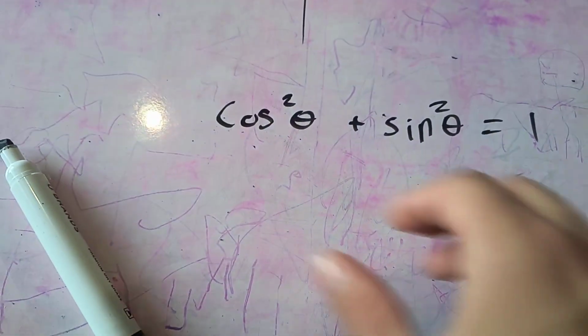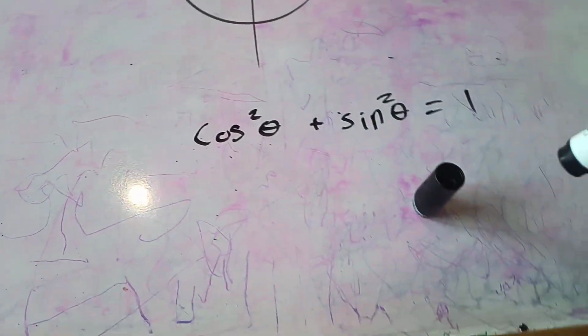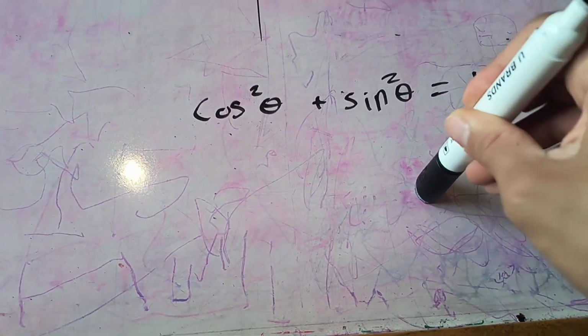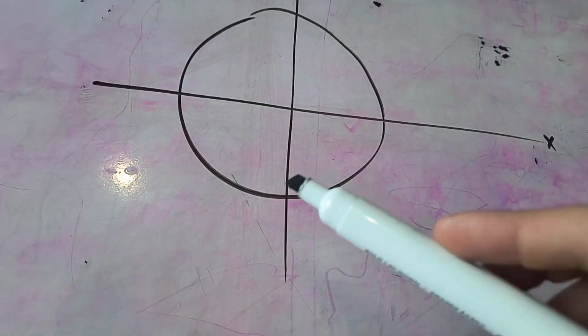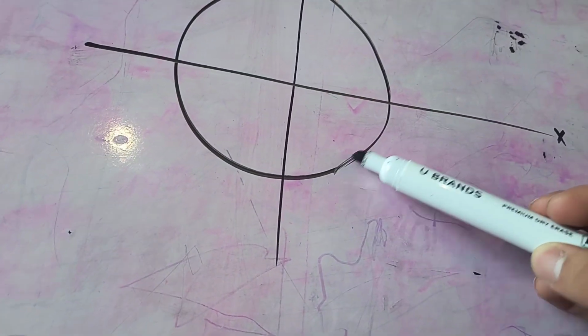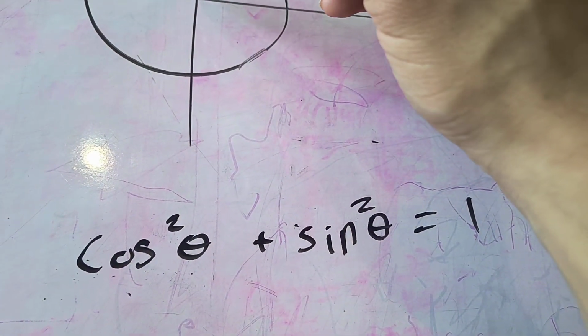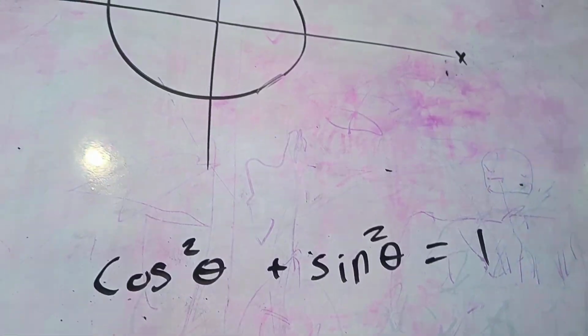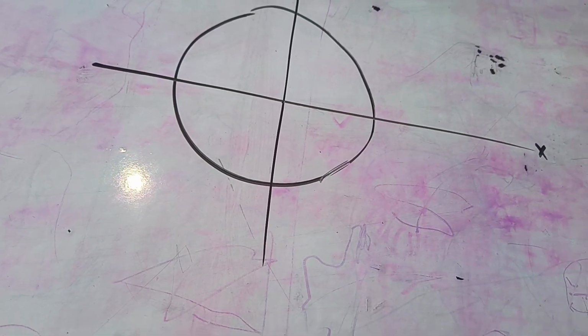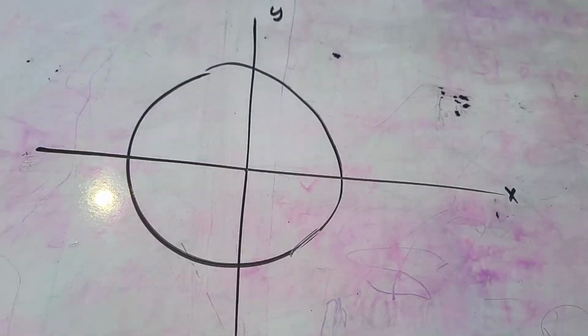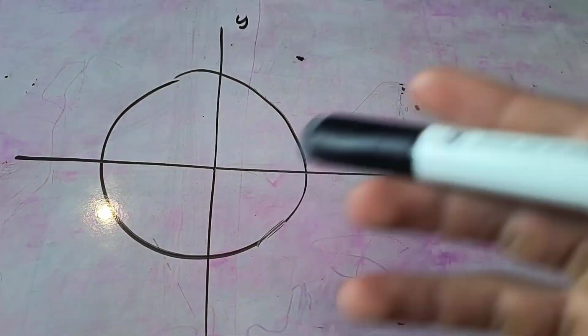Okay, we have a unit circle, and its edge is exactly 1 distance from the origin. It has a radius of 1, that's why it's a unit circle.